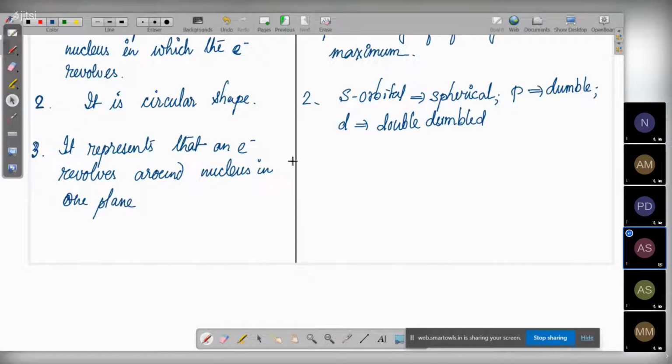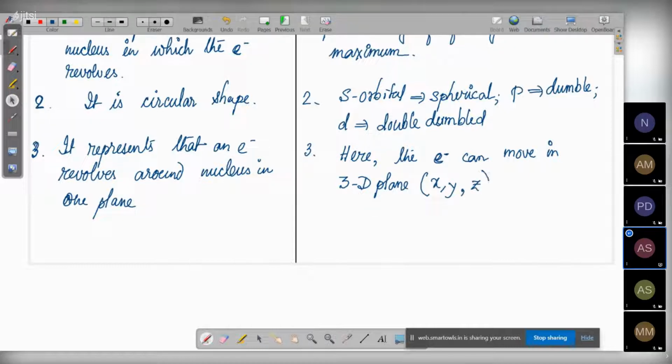Whereas an orbital says that the electron, as we have seen yesterday, can move in a three-dimensional plane. That is, it can be along the x-axis or the y-axis or even along the z-axis.